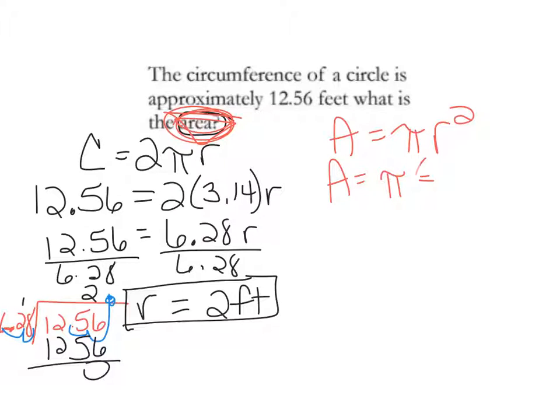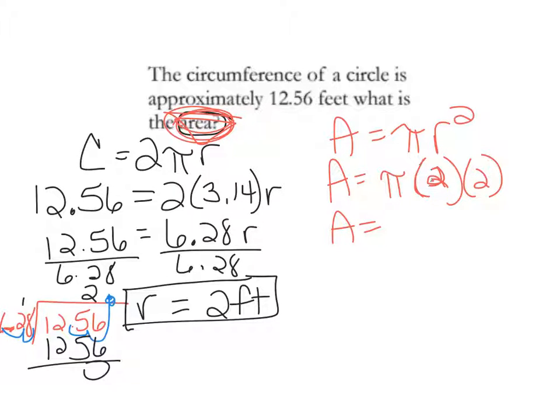Actually, area is equal to pi times radius times radius. Okay, so let's go ahead and do this.